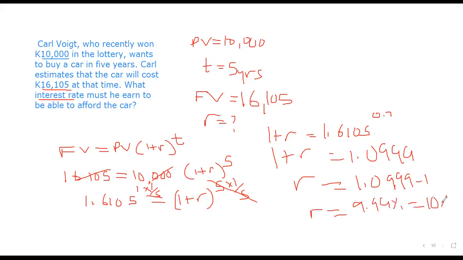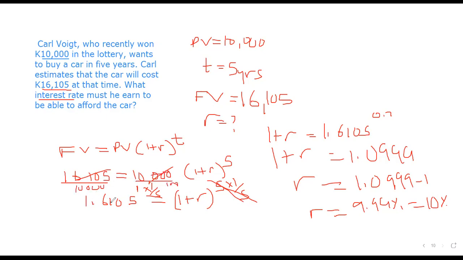Are we following? So when we cancel this here, the brackets came out. We divided both sides by 10,000, and here there is 10,000 as well, so that's how it cancelled.